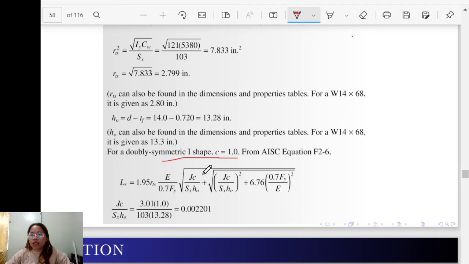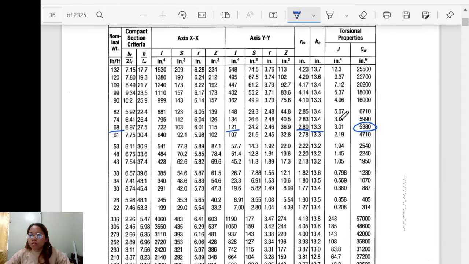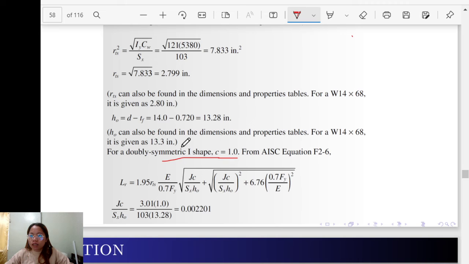This can also be found in the table, which is equal to 3.014 for W14 by 68. c over S sub x is the elastic section modulus, times h sub o.